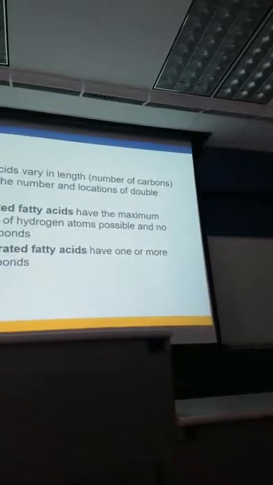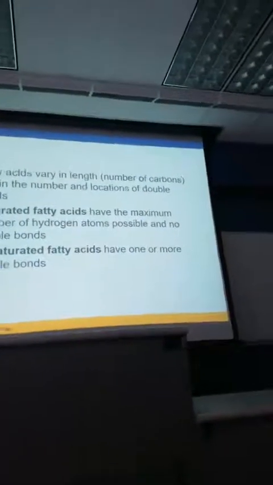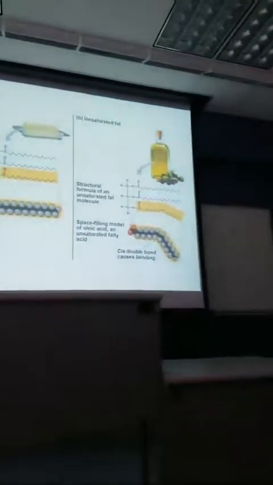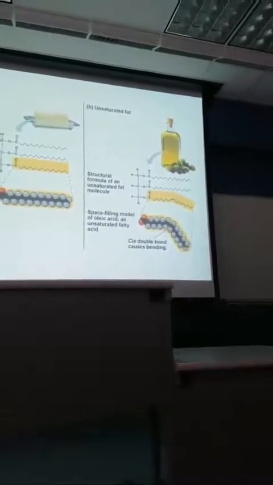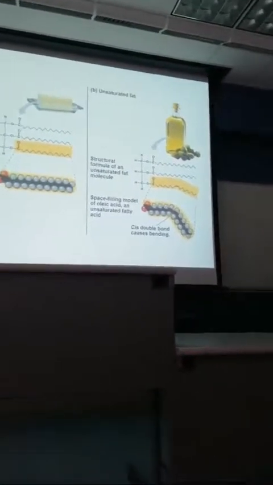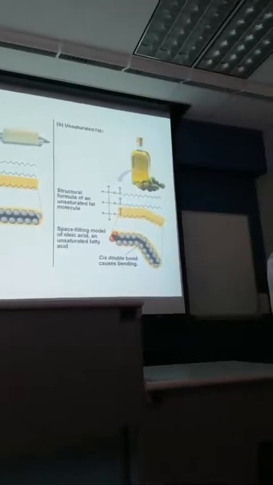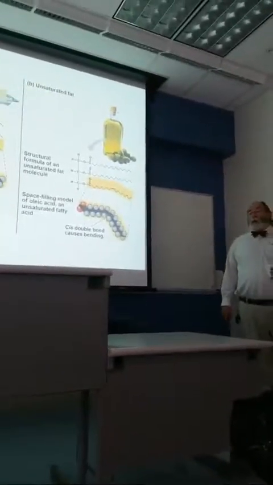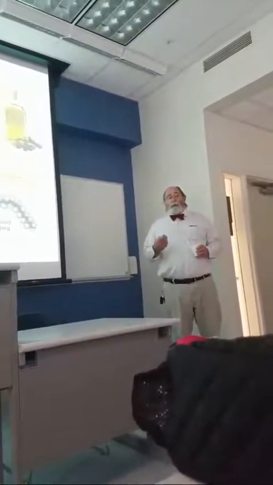If, on the other hand, we have a hydrogen missing, the carbon will then have to form a double bond in order to satisfy its electron arrangement, and then we get this bend or dip in the molecule. That then makes it unsaturated, which means it takes up more volume, more space than what a single one would. Because of that, it's got less energy.